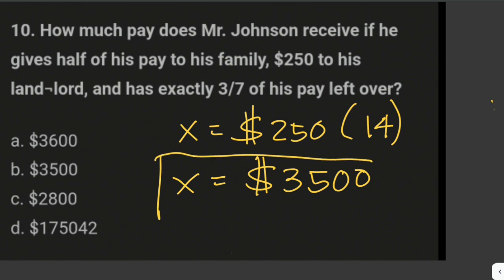So this is the original amount of money, or the total money that Mr. Johnson received. So the answer here is letter B.